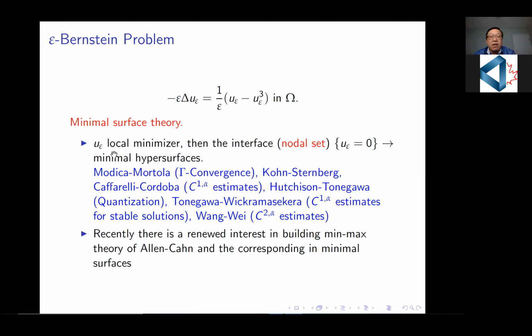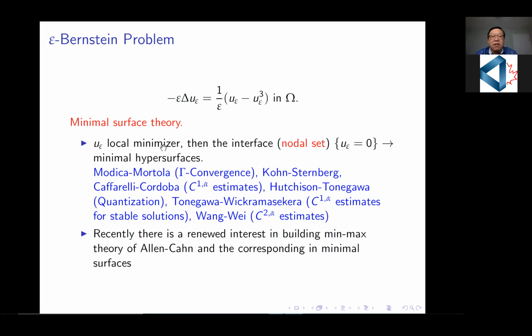If u is a local minimizer, then it was proved about 40 years ago that the interface, the nodal set, approaches a minimal surface. This problem is called the epsilon-Bernstein problem because the Bernstein problem is about minimal surfaces, and this is like a perturbation of the Bernstein problem.